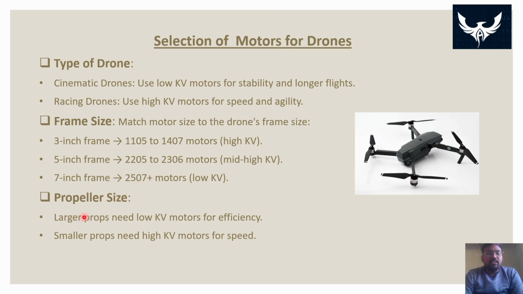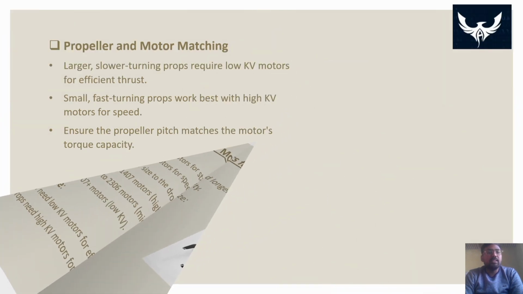Now propeller size. Larger props need low kV motors for efficiency. As we saw in the last slide, for low kV motors we use larger props to increase efficiency. And if we use smaller props, then we need high kV motors to improve speed.